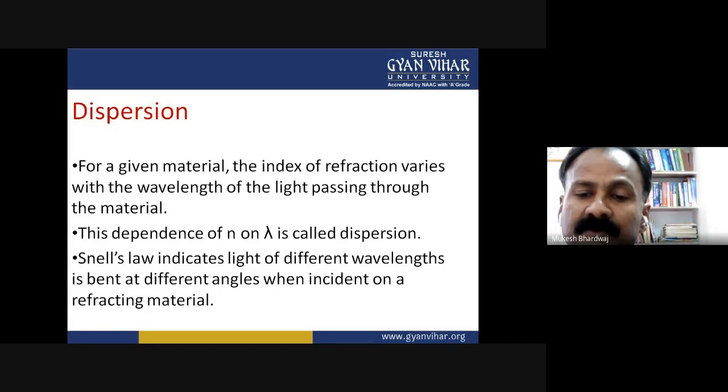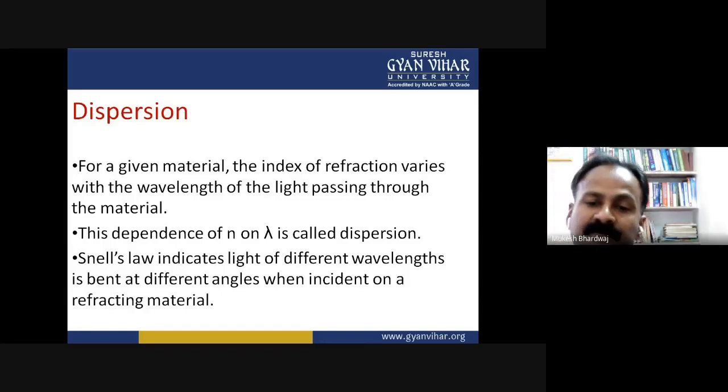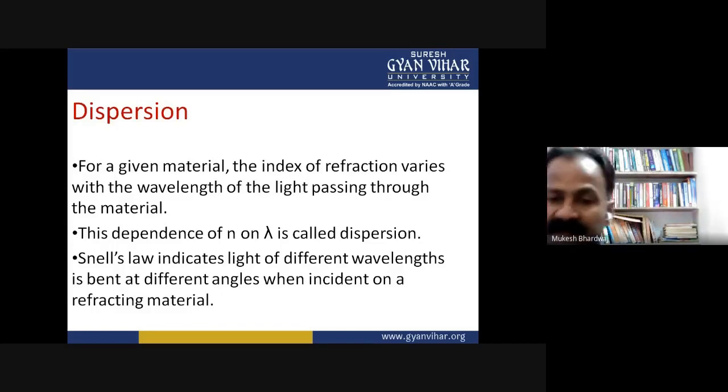The symbol for refractive index has been changed from n to mu. For air, the refractive index is 1, which we had already discussed. Therefore, when light passes from air into any transparent solid or liquid, the refractive index is always greater than 1.